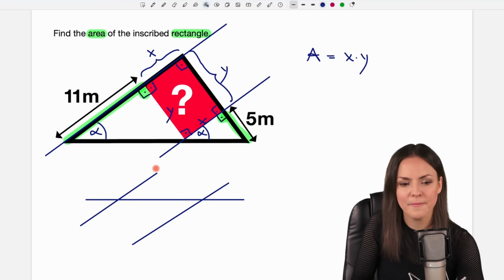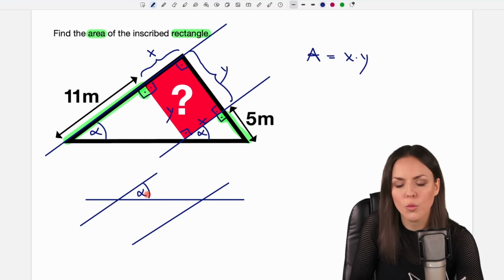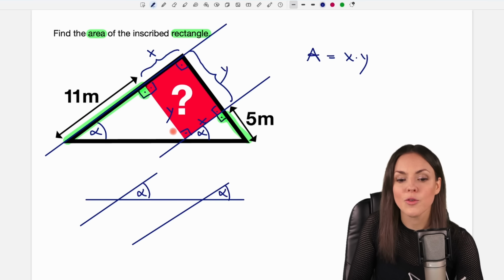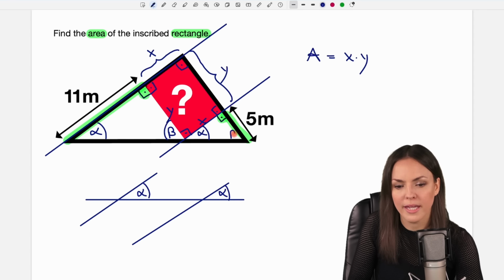So this line here, I have my angle alpha here, and then I know that this here is a corresponding angle to this one, and it has to have the same size, so I have alpha here again. So this is really alpha. And with this, the third angle has to have the same size as well. So if I call it beta, I automatically have beta in here as well. So my triangles are similar.